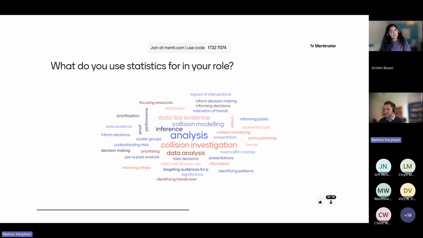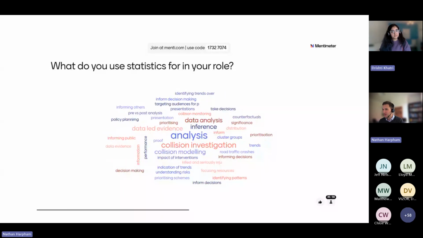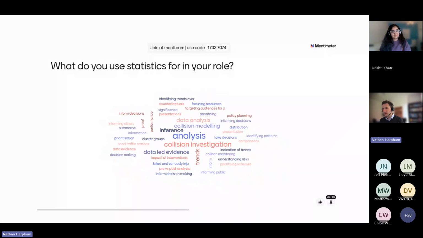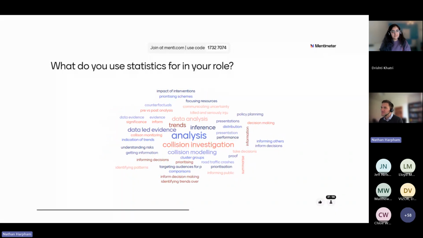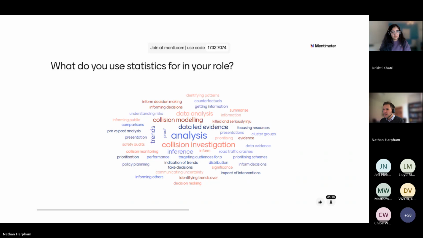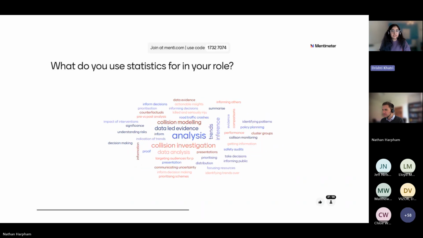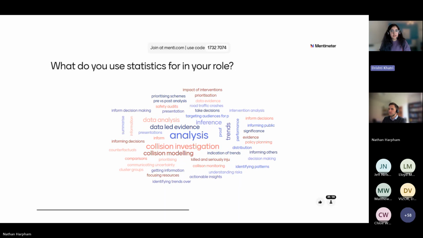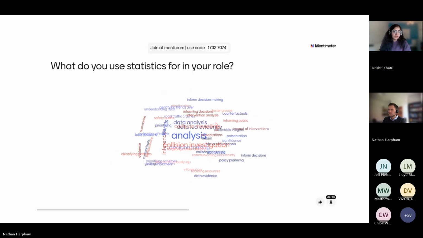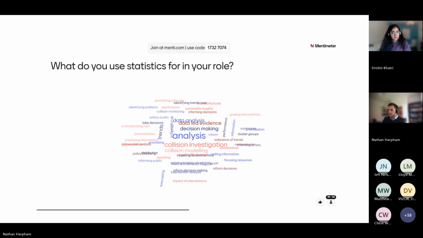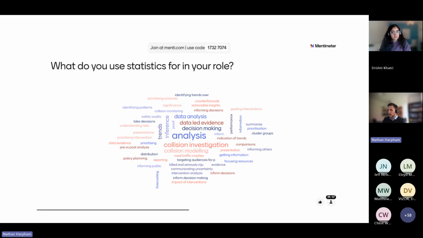Yeah, not too many surprises, I think, in what I'm seeing here. Interesting, the first one to come up was collision modeling. That's been drowned out a little bit by analysis. A lot of focus is on data-led evidence and the analysis part of it. Yeah, and I have lots of things here that we'll chat about later, actually.